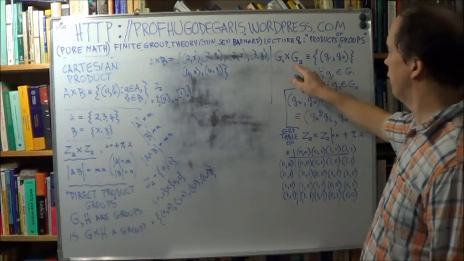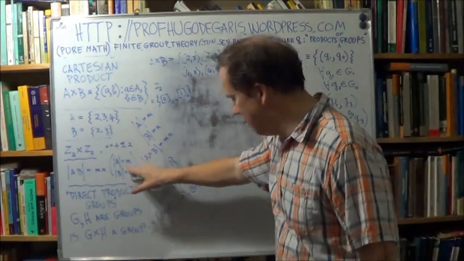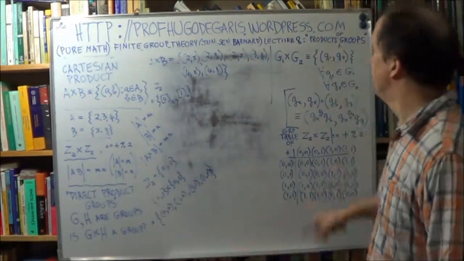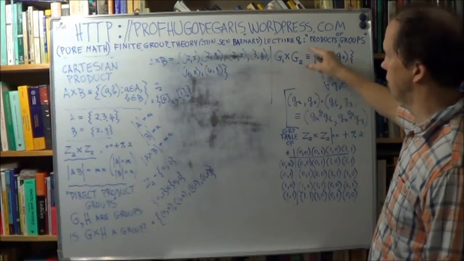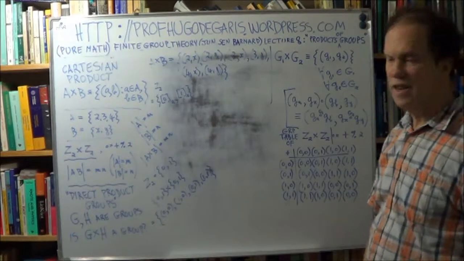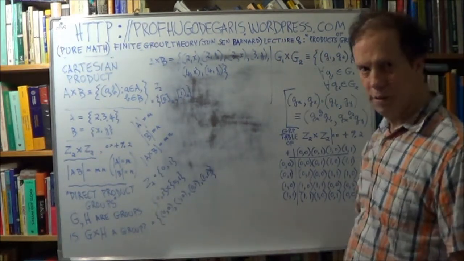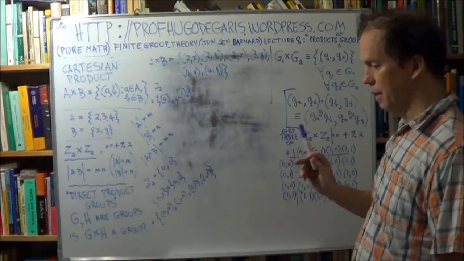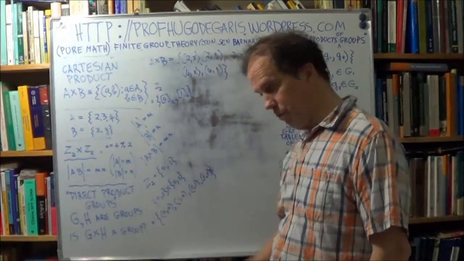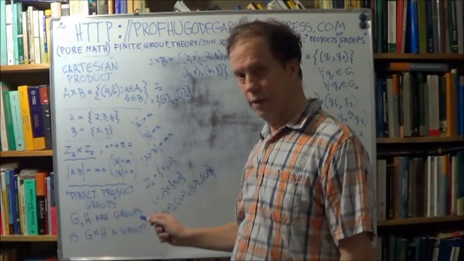So if these are finite groups, if the order of G1 is m, and the order of G2 is n, then the order of this product is mn. Okay. Now this product is given a special name because when you have products of groups, you do that a lot in finite group theory. The special name it's given is the direct product.